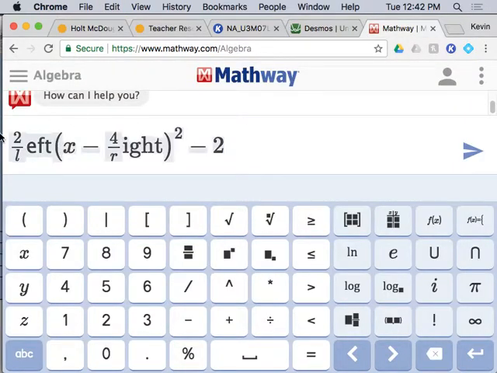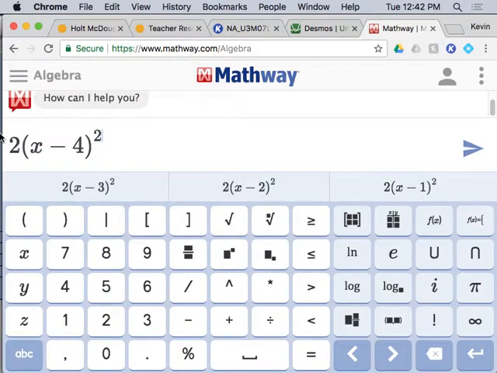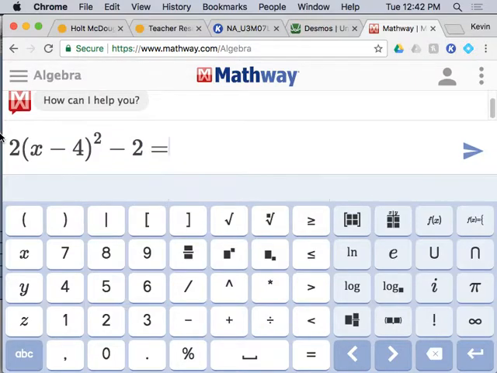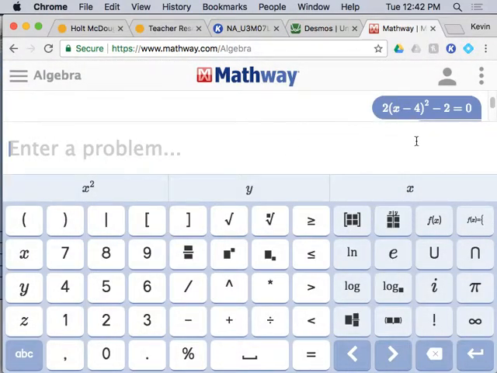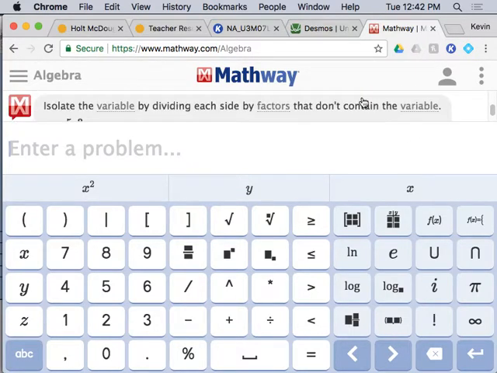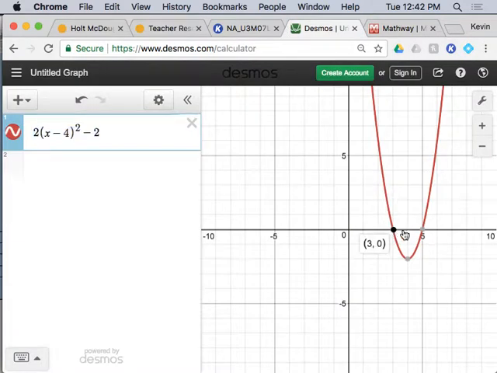Oh, that did not work. 2 times x minus 4 squared minus 2 equals 0. Solve for x. I have to scroll down. Solve for x. Isolate x equals 5 and 3. Hey, there you go. 3 and 5. You see? Okay, you see? Okay. So the solutions of that equation are the zeros of the function. Does that make sense to you guys?